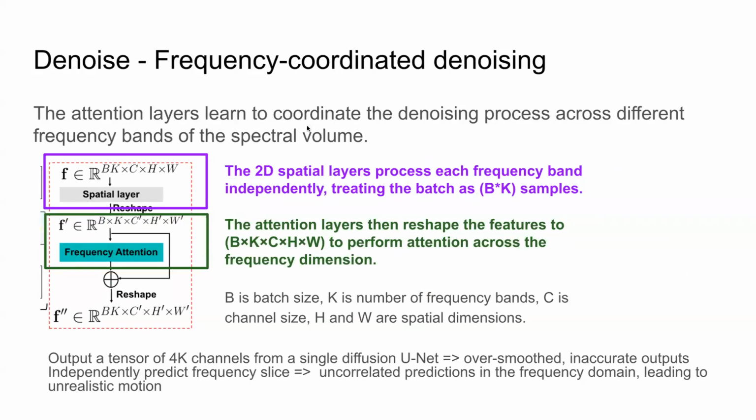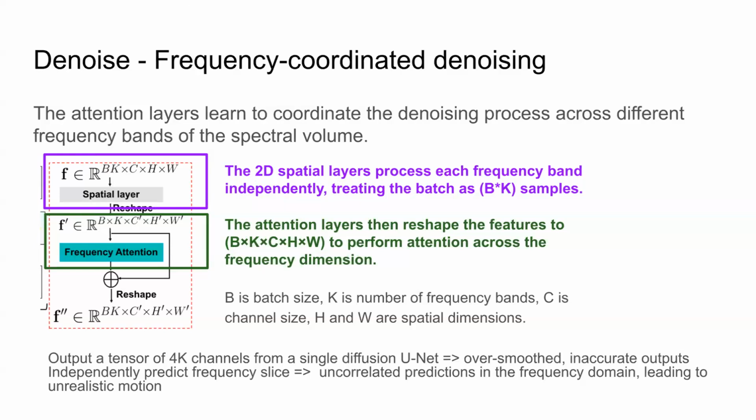And the reason is that for the 2D spatial layers, you can notice its dimensions. Here, B is the batch size and K is the number of frequency bands. They're already together, but for the training process, it will treat it as BK samples.